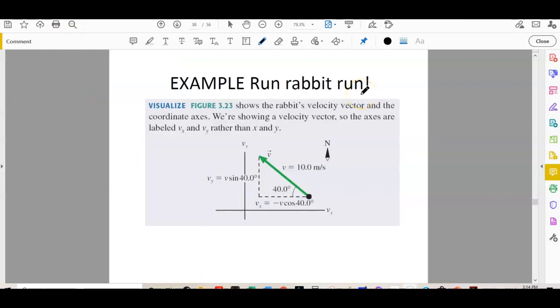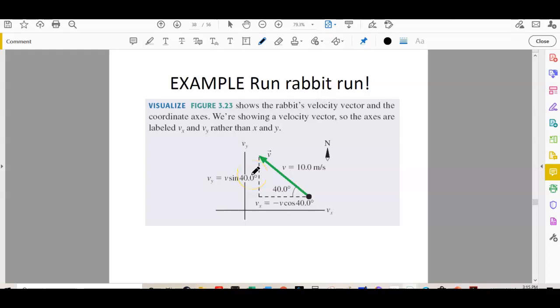Well, let's apply this to what we're doing in physics. Okay? Here we have a problem where we have a rabbit, it looks like it's jumping up and to the left. It's jumping at a speed of 10 meters per second in the air at an angle of 40 degrees from the horizontal. So it's got a y direction component and an x direction component.